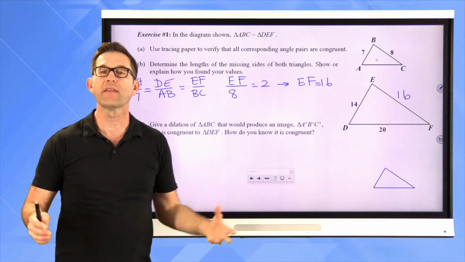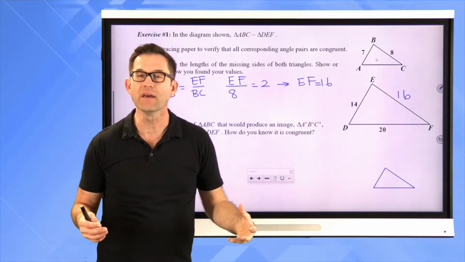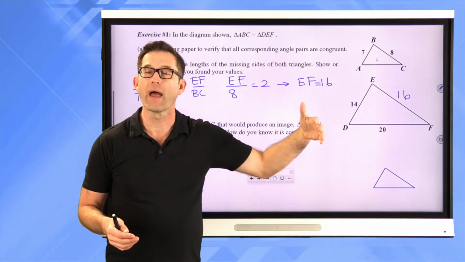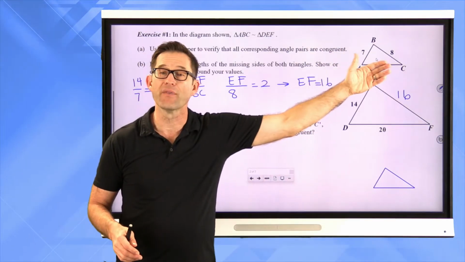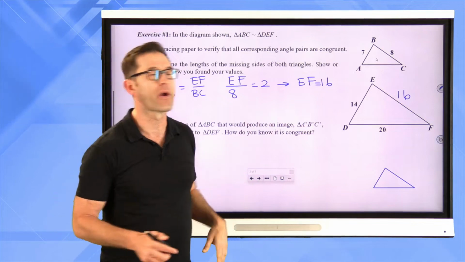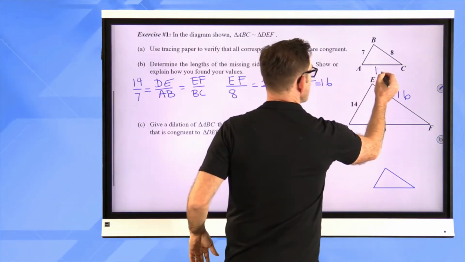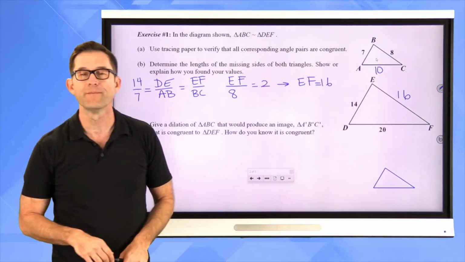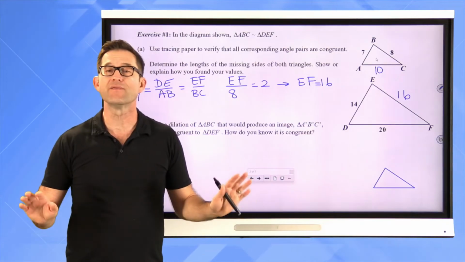Now, because the scaling factor is so easy, we can turn that around and say all the lengths on this triangle are 1/2 of the lengths on this triangle, and therefore AC obviously has to be equal to 10. And again, the idea is very, very important.